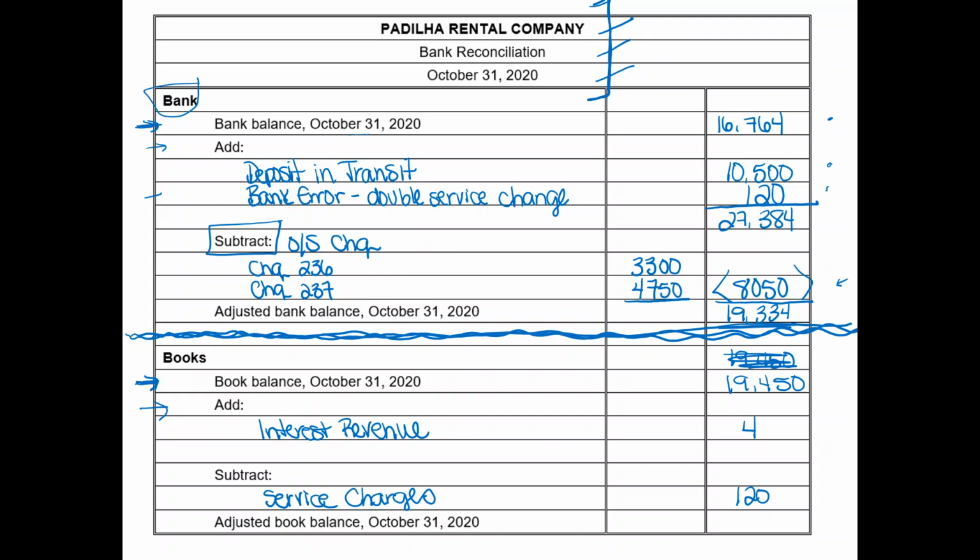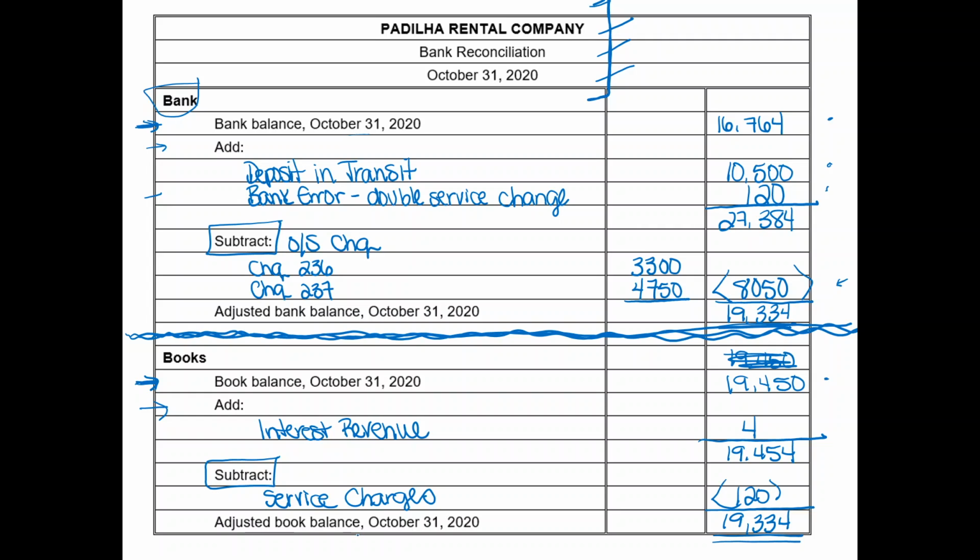And we do the same thing on the book side. So 19,450 plus $4 gets us to the subtotal of 19,454. And then we subtract. We're on the subtract part here. Subtract 120. And we get to our adjusted book balance of 19,334.